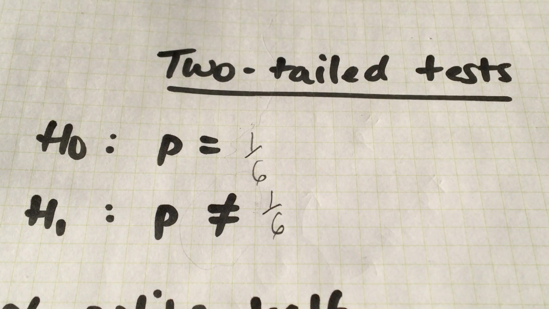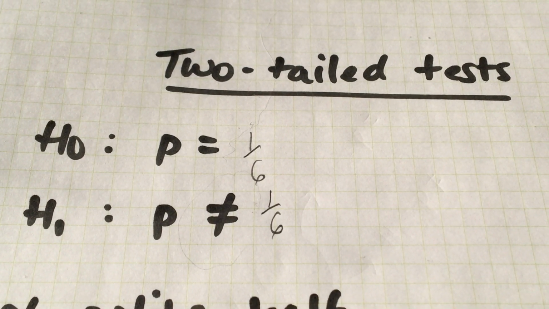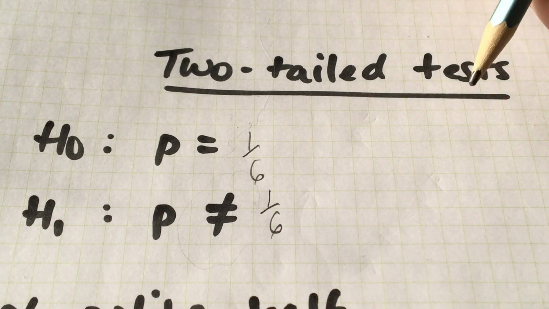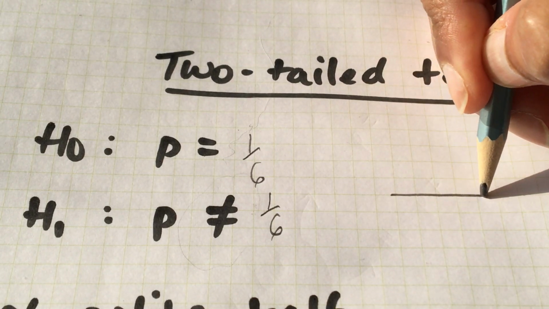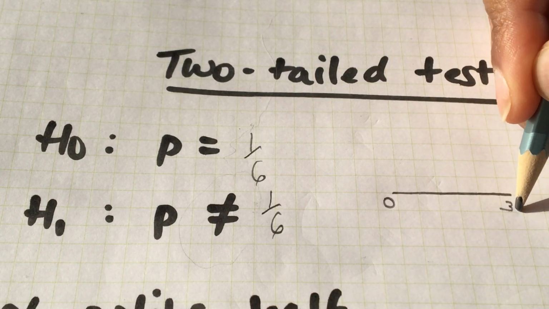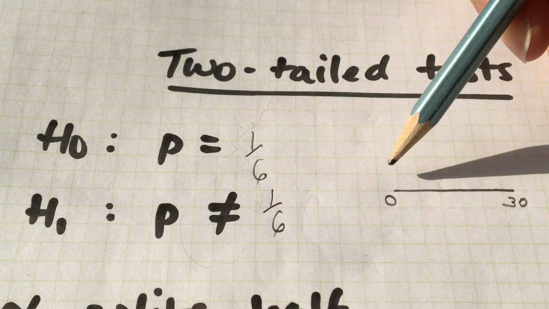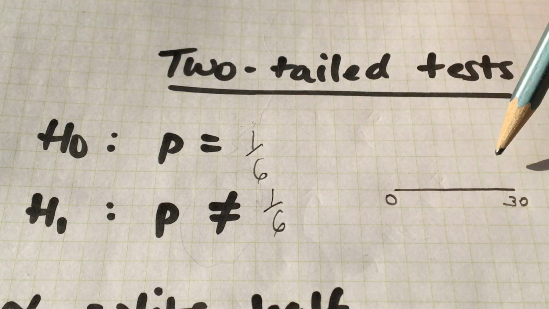If I'm testing it at a 5% significance level or a 10% significance level, what you're looking at is, if this is your distribution and these are the number of times I throw a dice, normally the significance level is either at the lower end or at the top end.